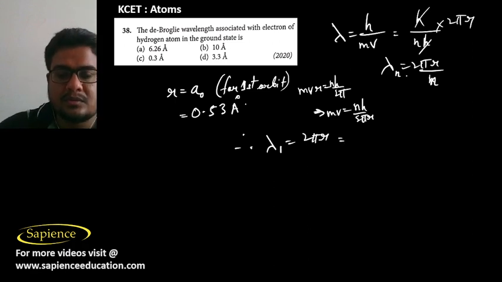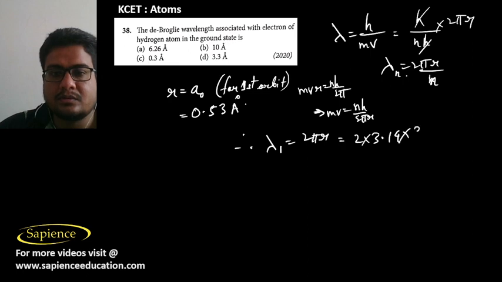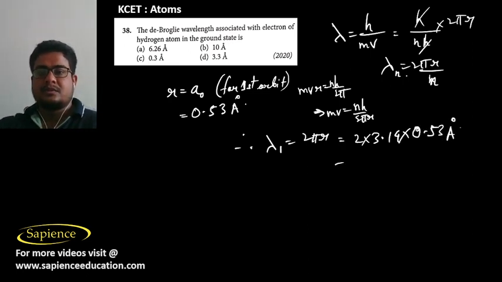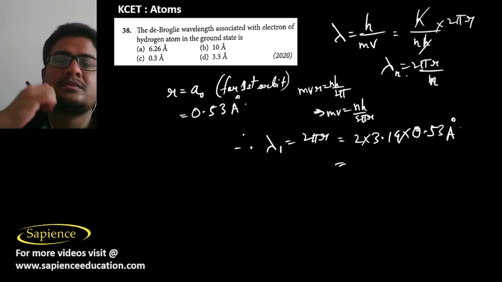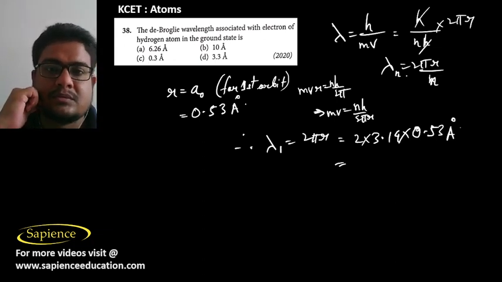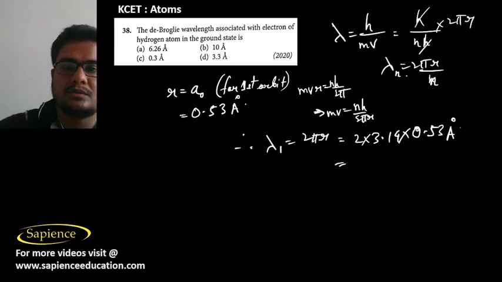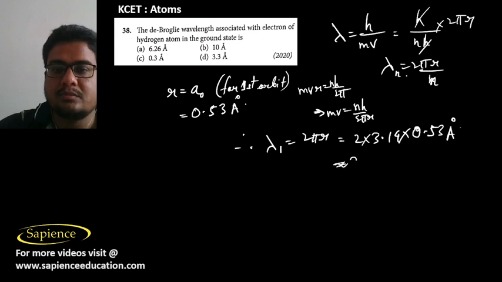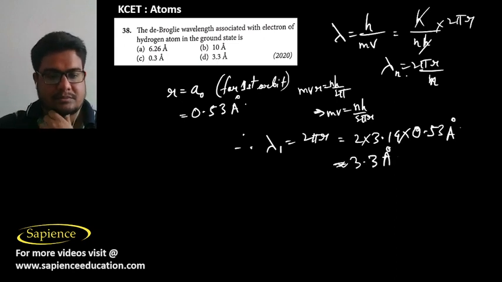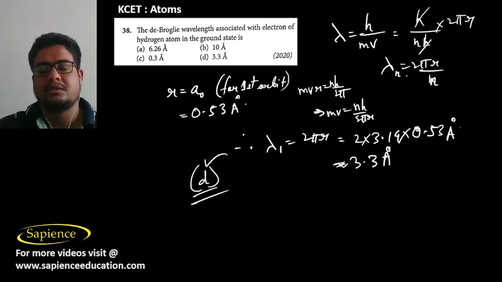So that is equal to 2 into 3.14 into 0.53 Angstrom. So this is approximately equal to 3.3 Angstrom. So option D is the correct answer.